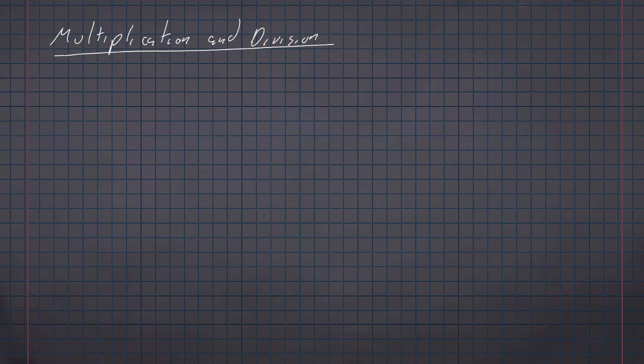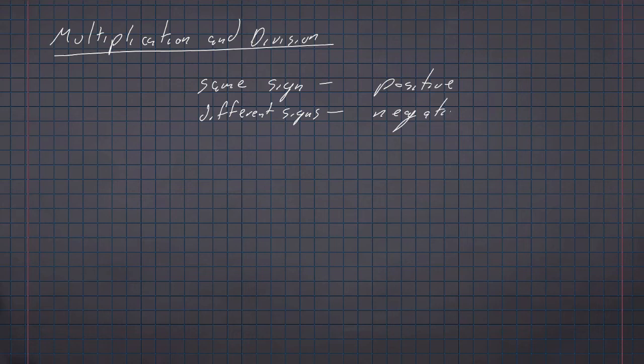And so because of that, it makes sense that the rules for multiplication and division are exactly the same. And the rule simply says that if the two numbers have the same sign, the result is positive. If the two numbers have different signs, the result is negative.